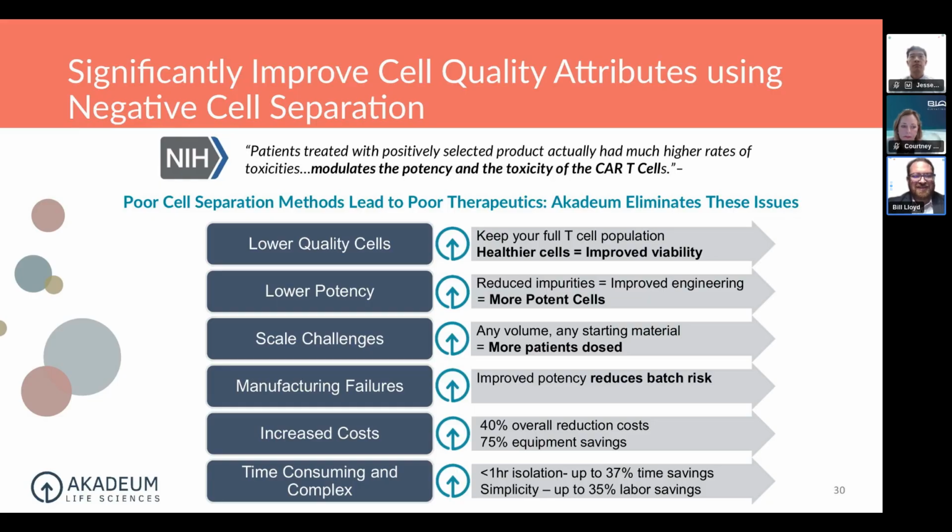And how can we save time and complexity, which is not only important as we consider those technicians and teammates working in the lab, but also of critical importance for our cells, right?